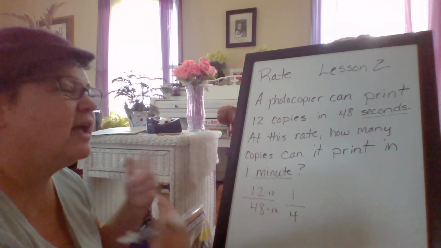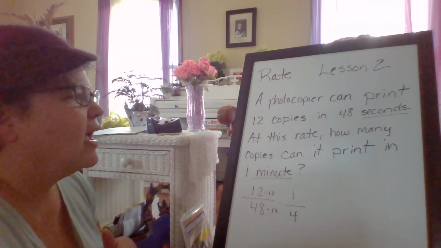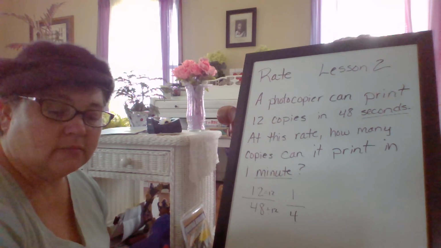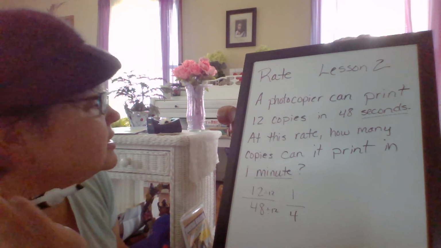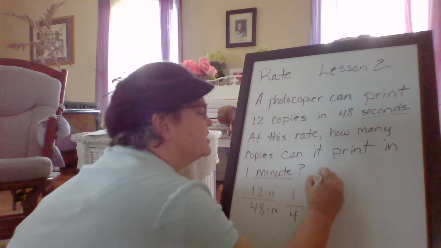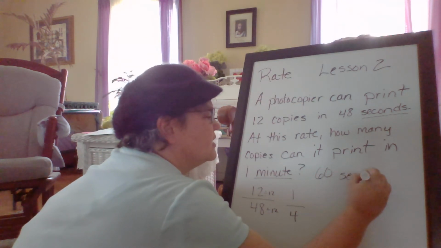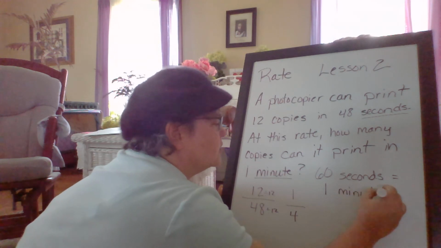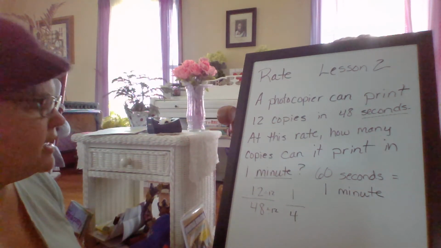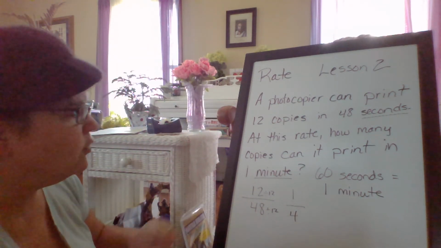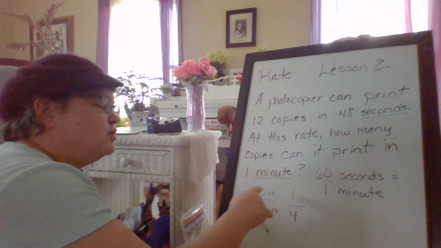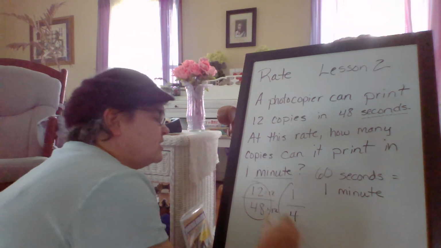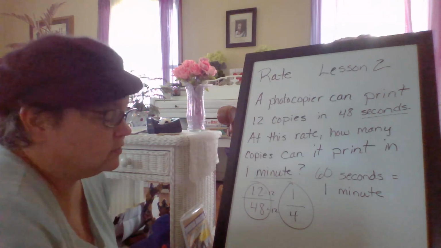What we have to think now is, how many seconds are in a minute? And you'll tell me 60. All right, so 60 seconds equals 1 minute. Okay, keep that in mind. So now I can use either of these because they're the same.